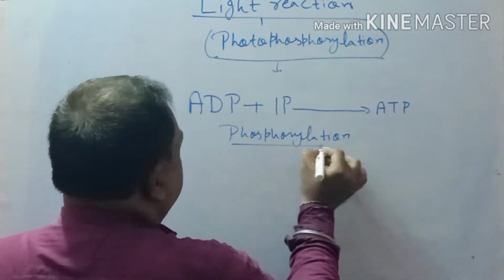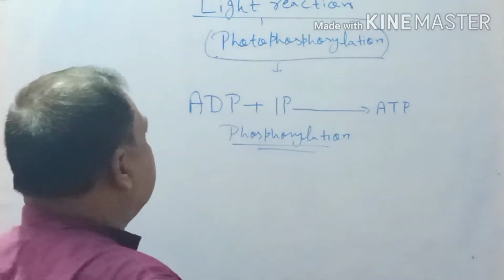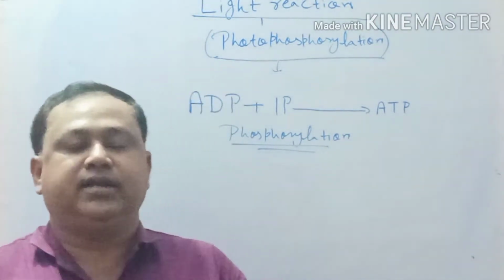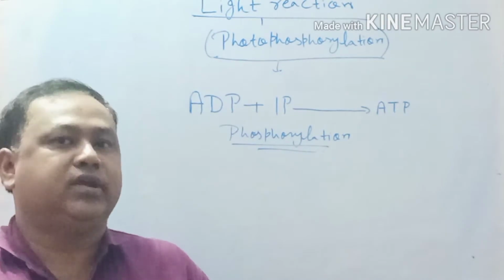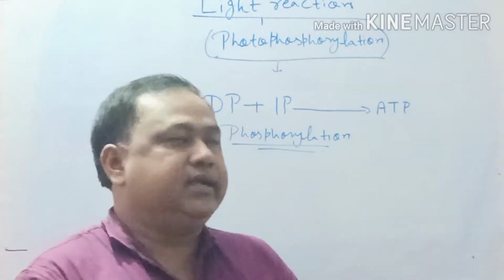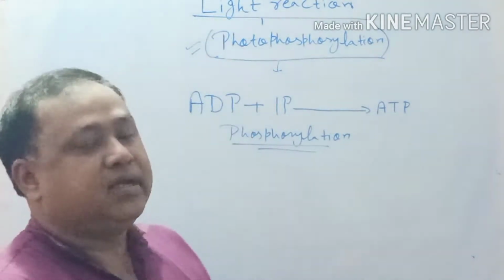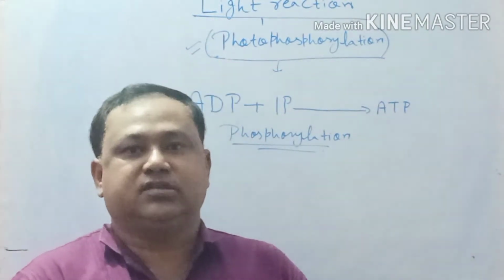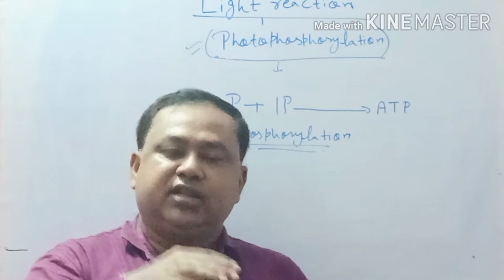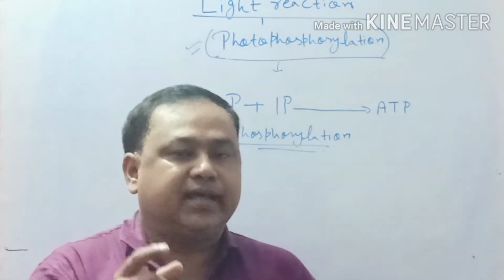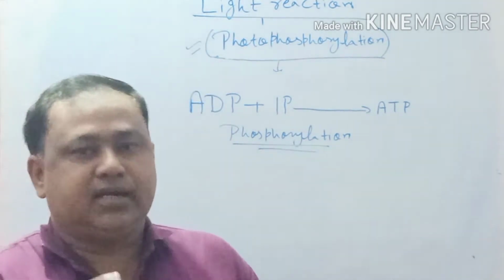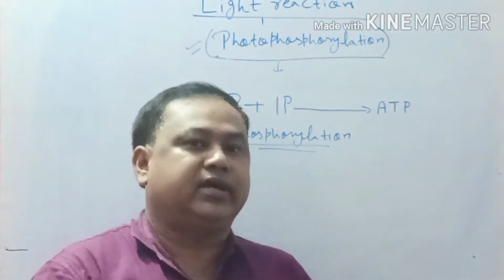The process of formation of ATP from ADP and inorganic phosphate is known as phosphorylation. Here it is known as photophosphorylation because it is a light dependent process. The process takes place in the presence of sunlight, that's why it is the process of photophosphorylation.